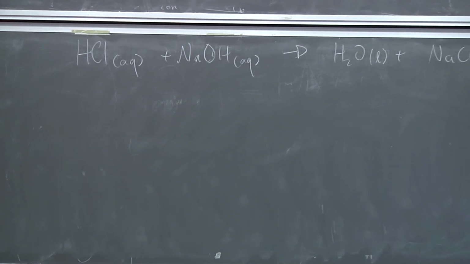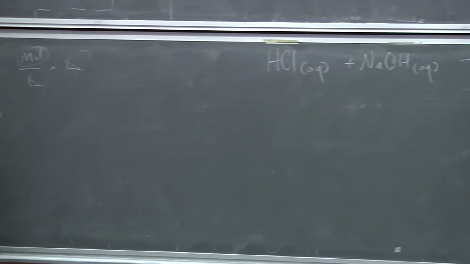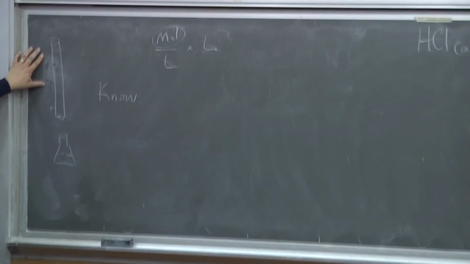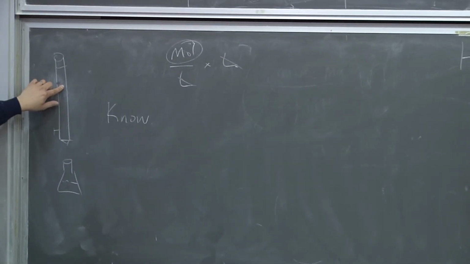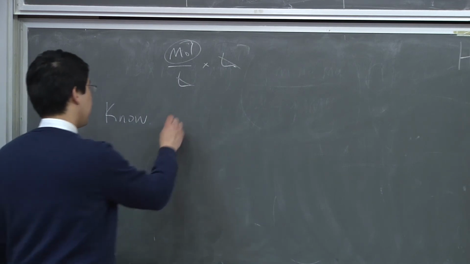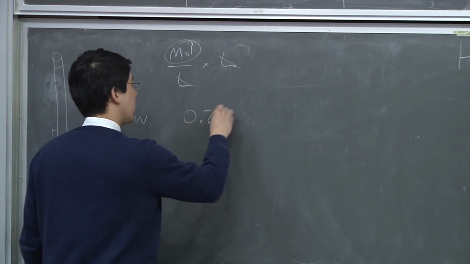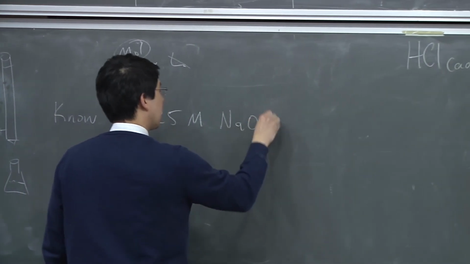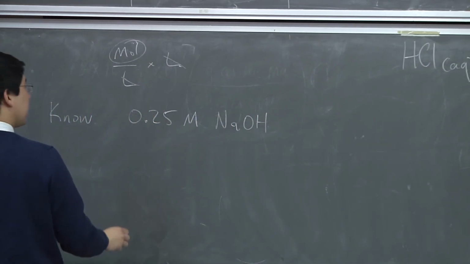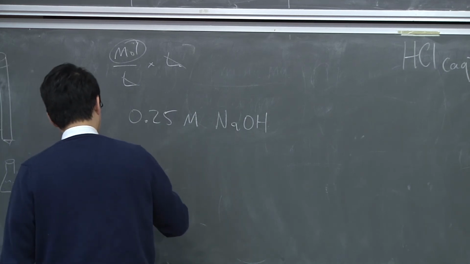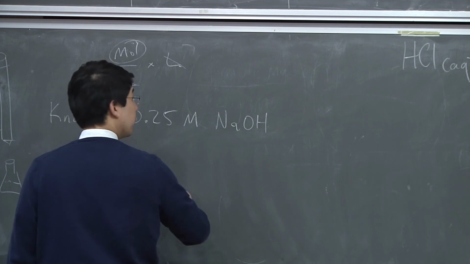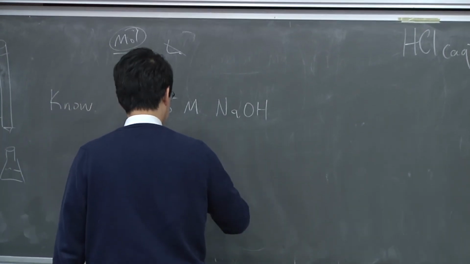Let's say this is your titrant, what you're titrating with. Let's say we have a 0.25 molar aqueous solution of NaOH, and we have 65 milliliters of aqueous HCl.